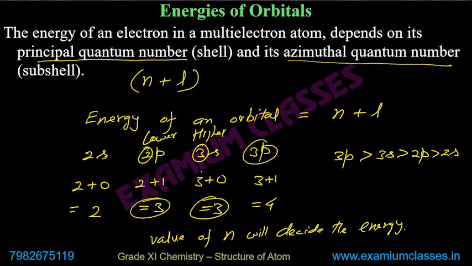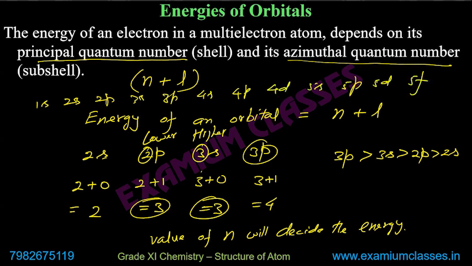And this rule will lead us to a very interesting point: the filling of electrons in the orbitals will not be like 1s, 2s, 2p, 3s, 3p, 4s, 4p, 4d, 5s, 5p, 5d, 5f. In 1s, there will be only s.